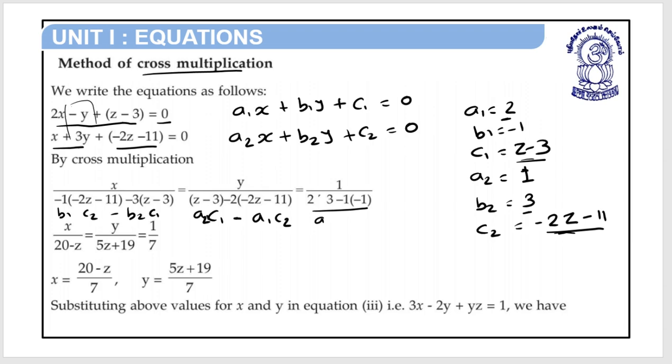a1. For c2, hide this c1 c2, so a1 into b2, a1 b2 minus a2 b1.